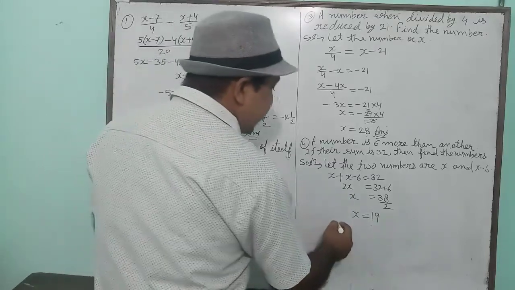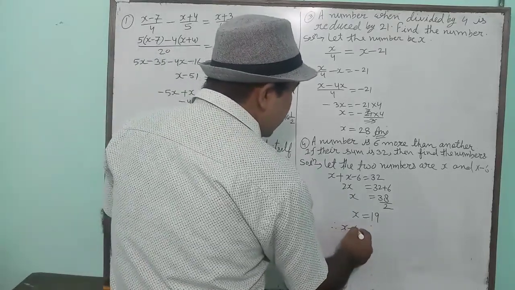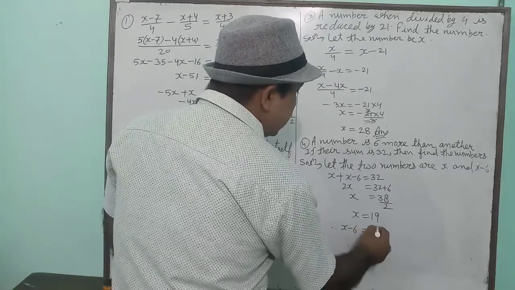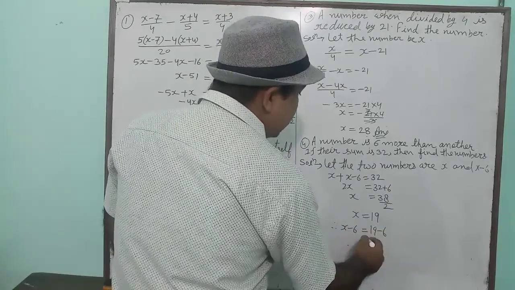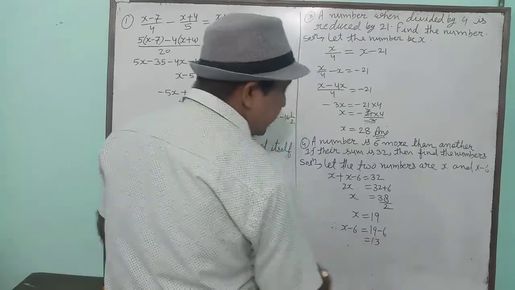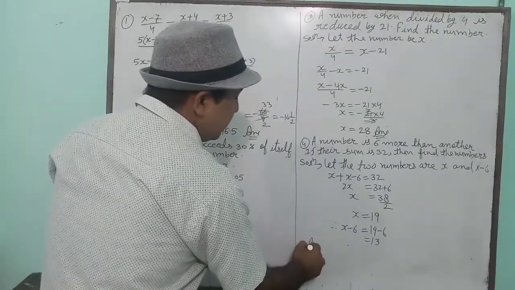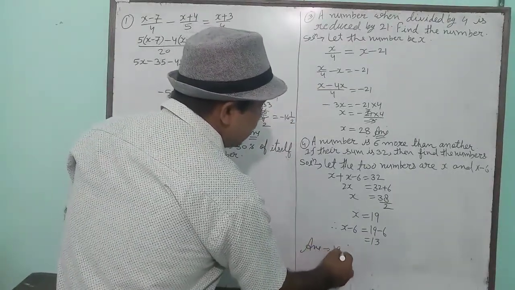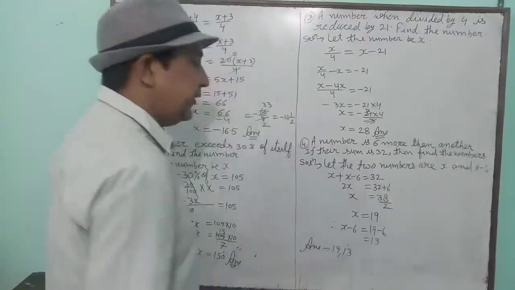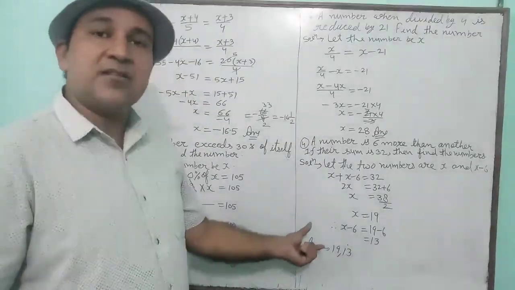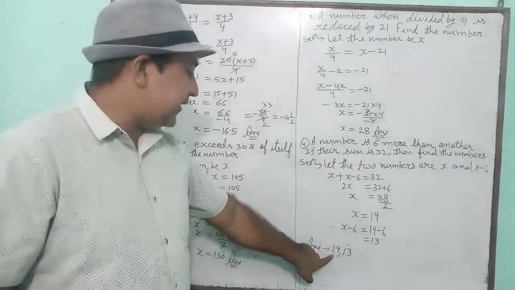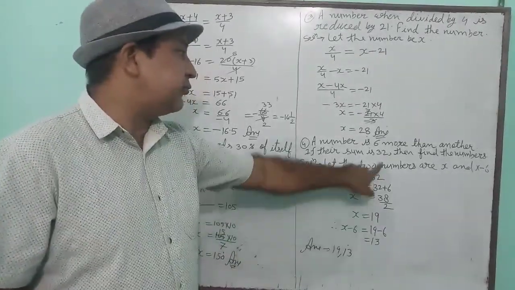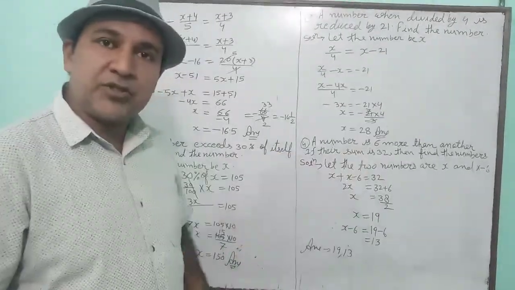So what will be the second number? Second number is x minus 6, means 19 minus 6, that means 13. So the numbers are 19 and 13, and you can check whether your answer is correct or not. 19 plus 13 is 32, which is given in the question.